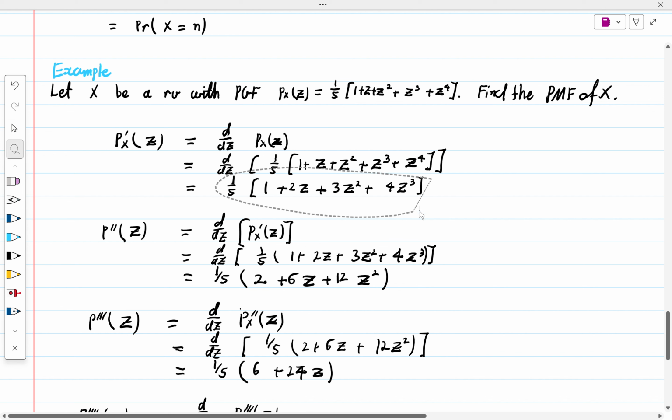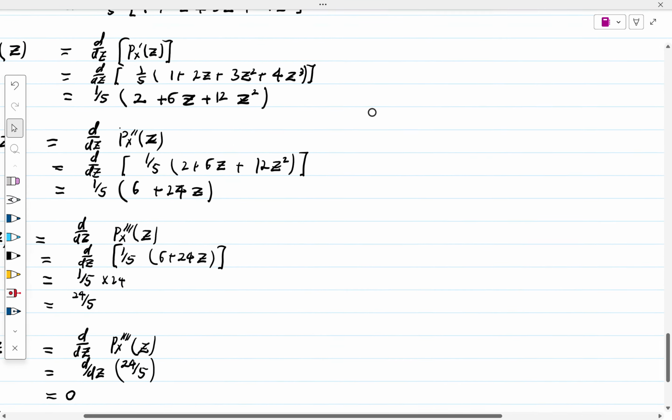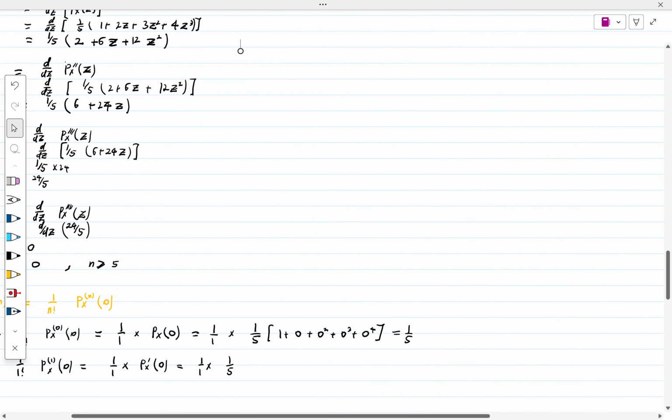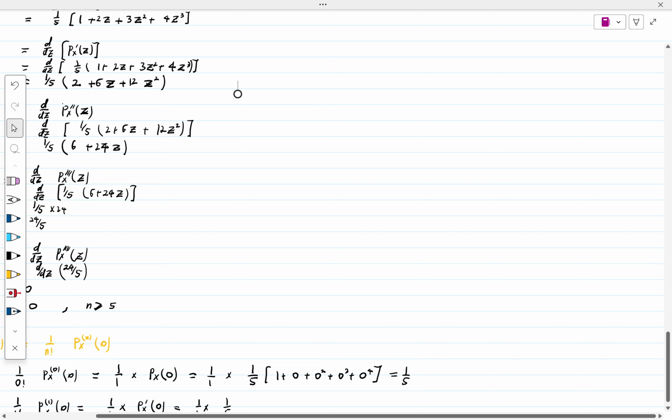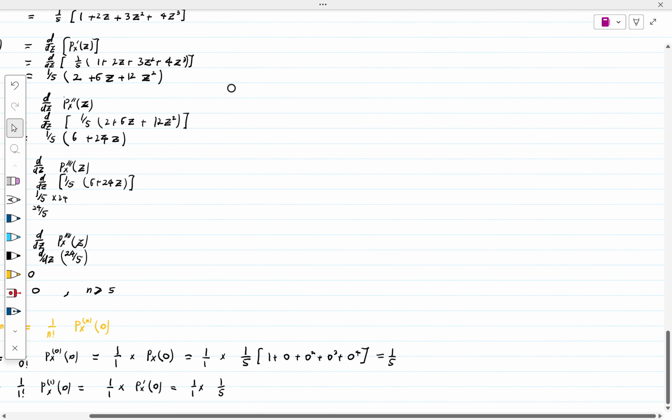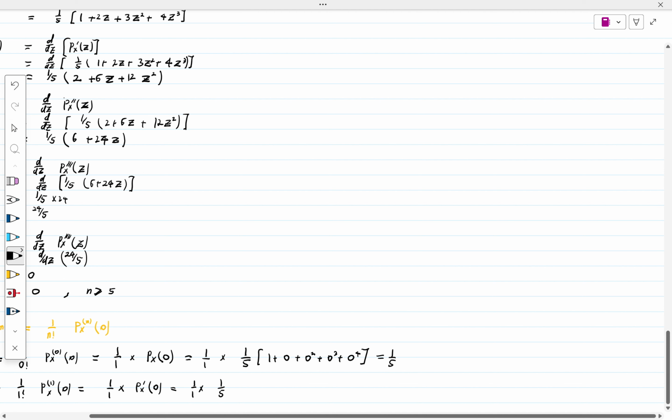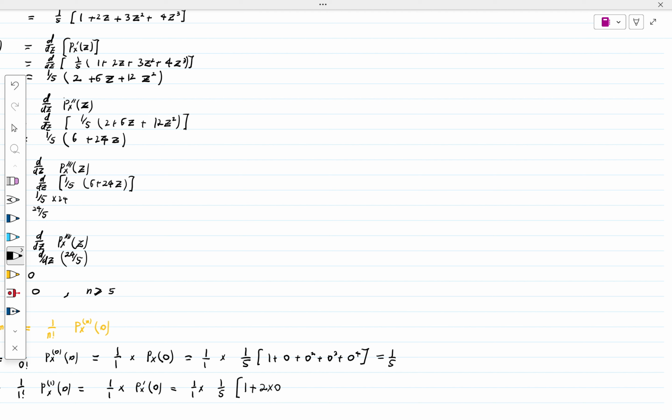It was all the way up here. So using that expression above, and hopefully I can have both on the same page if I zoom out far enough, that becomes 1 on 5 times (1 plus 2 times 0 plus 3 times 0 squared plus 4 times 0 cubed). And after evaluating that whole expression, it just becomes 1/5.